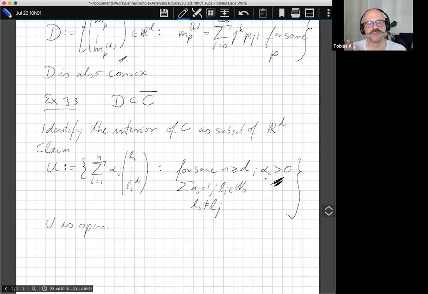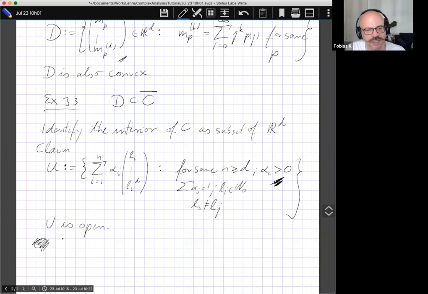And you see that here, that if you change the alpha i's a little, you will not move out of your set. So U is open. So that's somehow an intuitive way of seeing that.